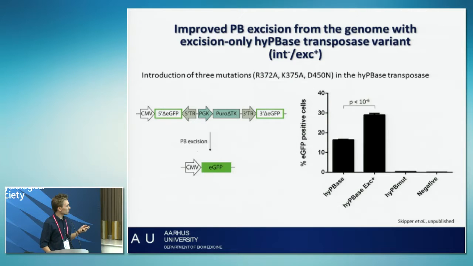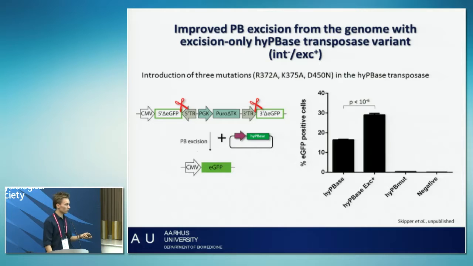This cell line contains a CMV promoter driving expression of EGFP disrupted by the same piggyBac transposon cassette as you saw before. First of all, we tested our new transposase variant by plasmid DNA transfection. When we transfect the cells, the transposon cassette will be excised, and we will have reconstitution of EGFP.